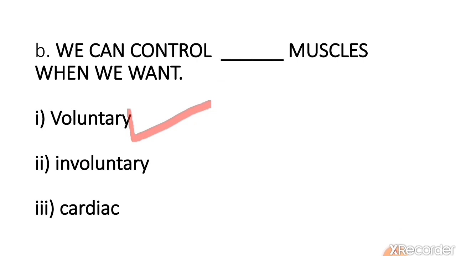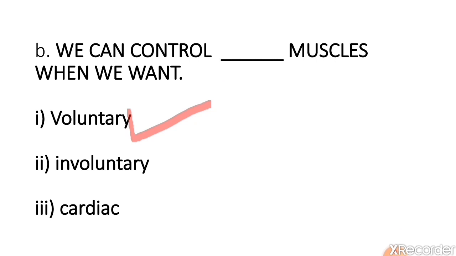B. We can control dash muscles when we want. Three options are given: voluntary, involuntary and cardiac. Already we have studied that we can control the voluntary muscles. Involuntary and cardiac muscles are present in the internal organs, so we can't control them.